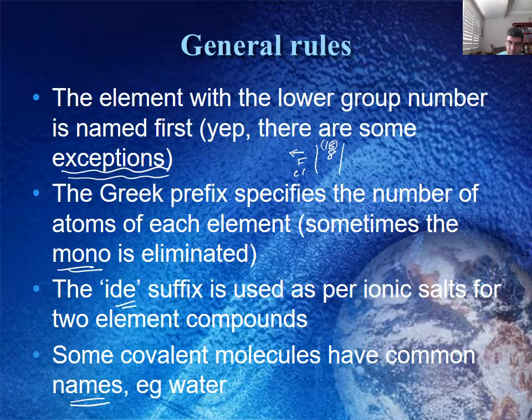Everyone knows the formula for water is H2O, but we don't call it dihydrogen oxide or dihydrogen monoxide. We simply call it water because that's its common name. And things like ammonia and methane, likewise, are more often known by these common names.